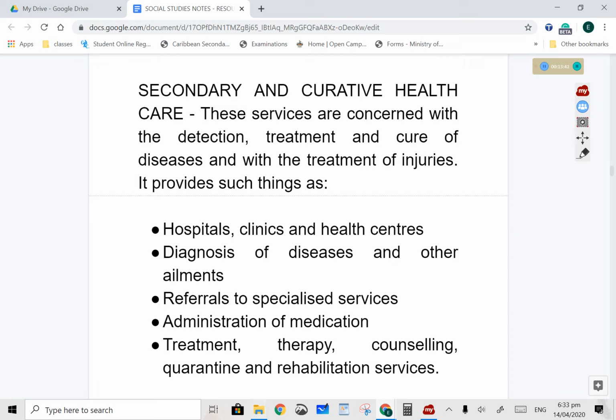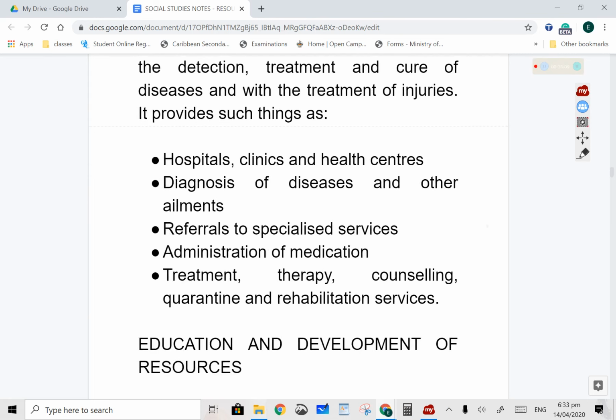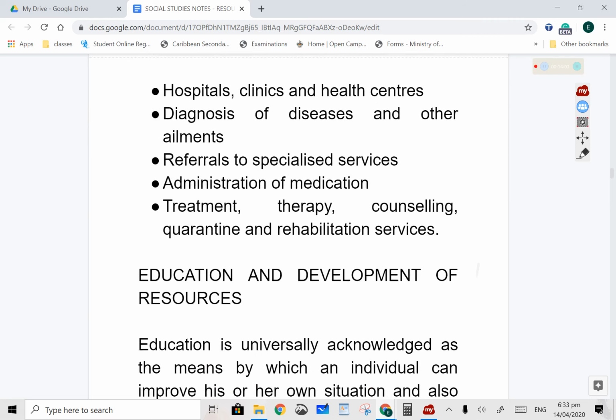So most secondary healthcare is done at hospitals, right? So diagnosis of diseases and other ailments, right? Referral to specialized services, administration of medication, treatment, therapy, counseling, quarantine, and rehabilitation services.